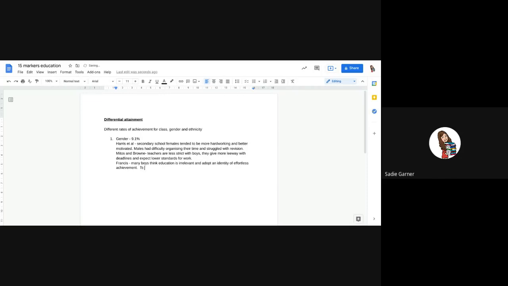And then we would need a TS, always need a TS at the end. So this shows is AO2 or analysis. This shows there is differential attainment with gender, as teachers are less strict, and do not push male students as hard.